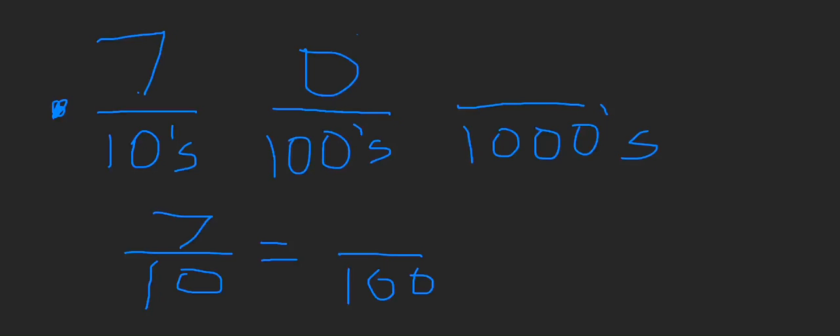Y 7 décimos es igual a 70 centésimos. Pero otra cosa que puedes hacer es hacer el fracción iguales a 100. So ahora vas a preguntarte qué número multiplicado por 10 te da 100. Bueno, es por 10. Y si el denominador es por 10, el numerador es por 10. Y te da 70. Y eso es más o menos lo que se va a hacer en estas lecciones.